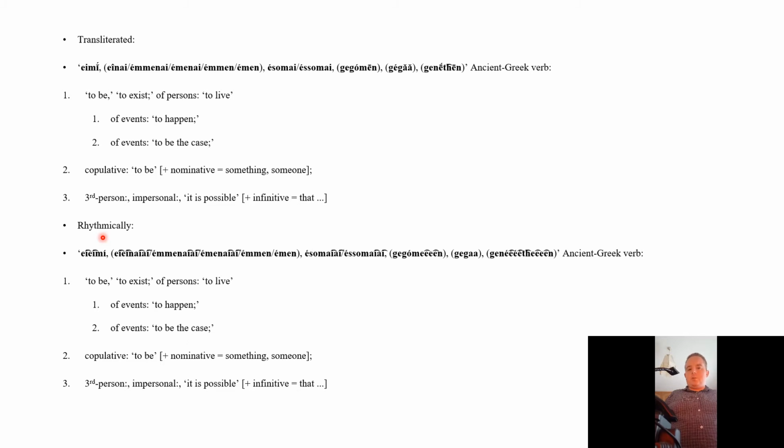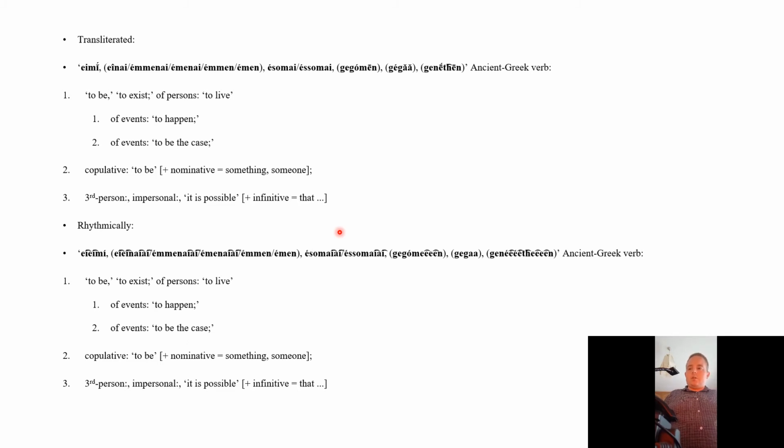And now when we come to write out the Homeric or epic version of eimi, we get: eimi, enai, emenai, emen, esomai, gegonomen, gegona, egeneto.